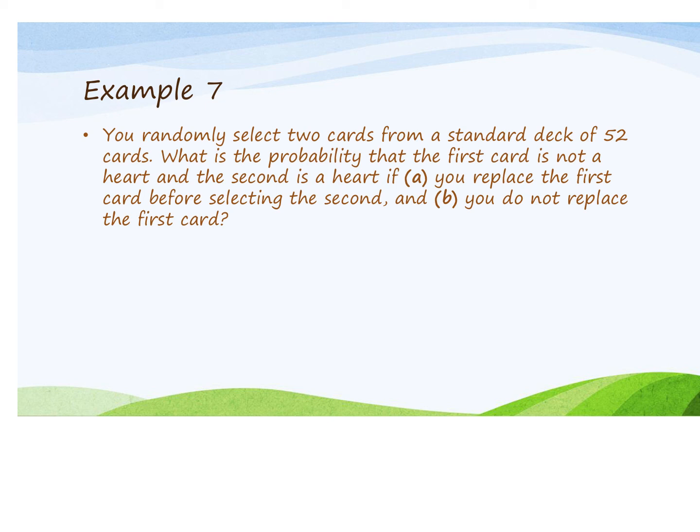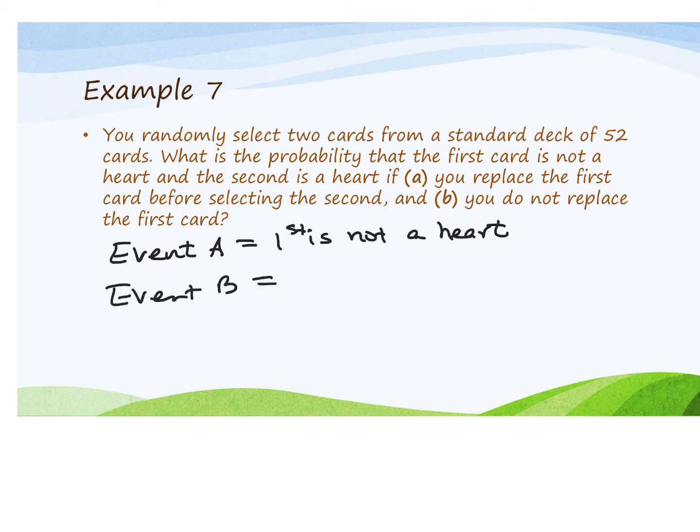We're going to do it first with replacement, and then the second time we're going to do it without replacing it. So let's identify the events. Event A is the first card is not a heart. Event B, second card is a heart.